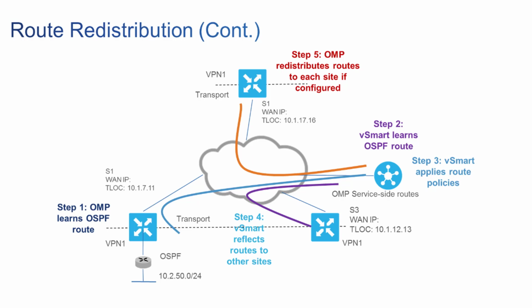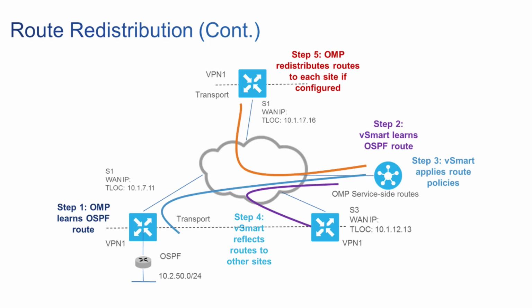If you recall, I mentioned a couple of times that the vSmart controller acts pretty much like a route reflector in a lot of environments, like a BGP route reflector, where it takes all that information that it learns from one vEdge router and reflects it to the other vEdge router. So those routes, if the policy permits and if the tunnels are established, will then get reflected to other vEdge devices.